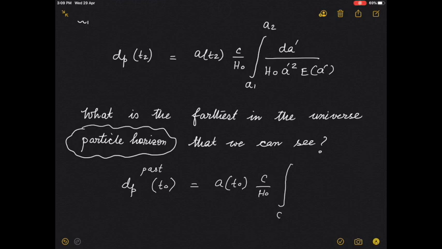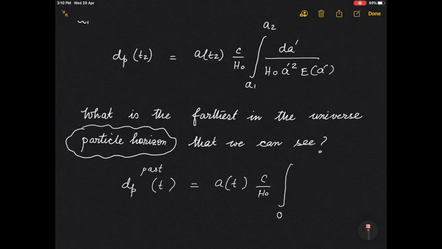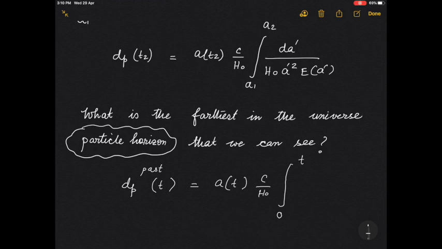The furthest in a that I can put in this formula is of course a equals 0, and again we are assuming that exists. Let me not do it for the present, let me do it for any time, since we can ask this question at any time: what is the particle horizon at that time?